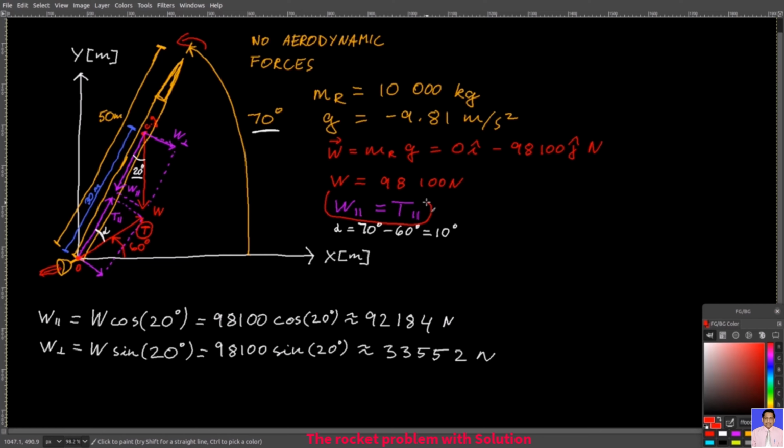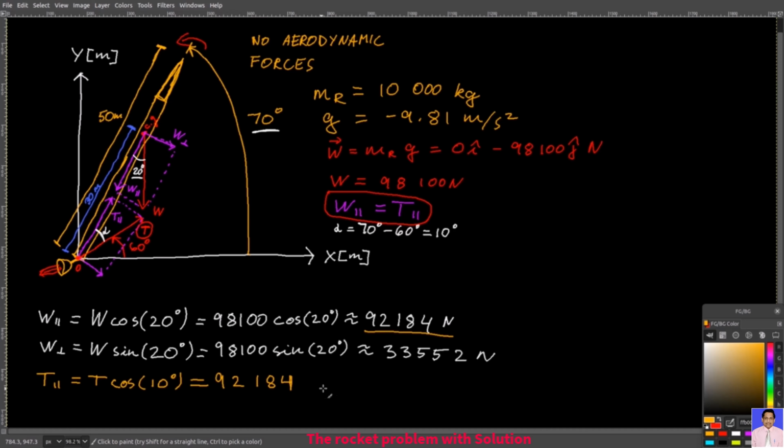And then, if you want this law to hold, then you can write T parallel, which is equal to W parallel, equals T times cosine 10 degrees, and it equals this number here.